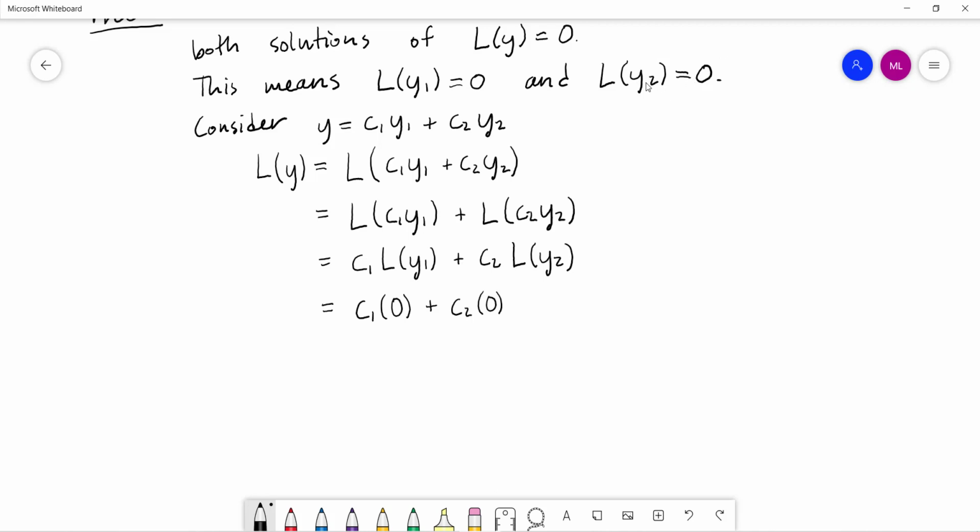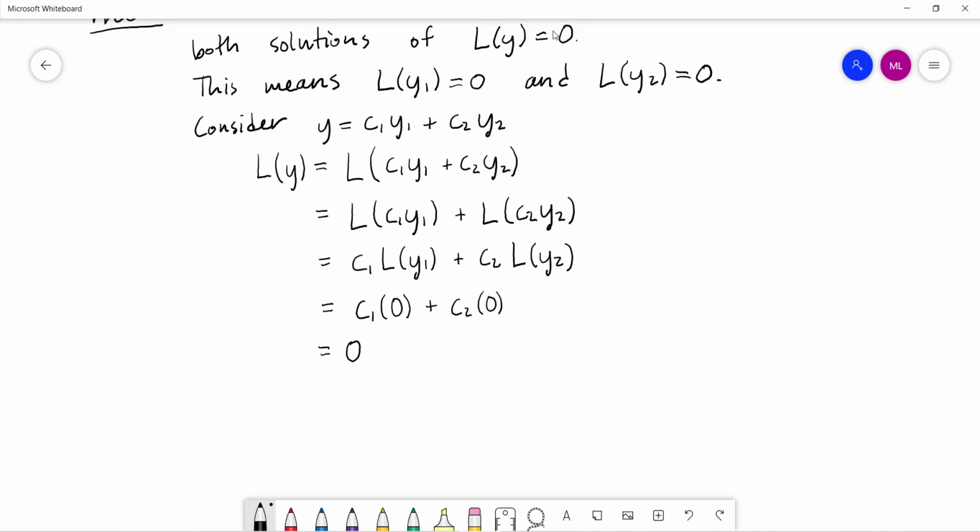So that is also going to be 0. And what do we get? 0. So therefore, if these two pieces individually are solutions, then this combination of them, when I plug that in, will also be a solution because it will give us L of y equals 0, which is what it means to solve the differential equation.